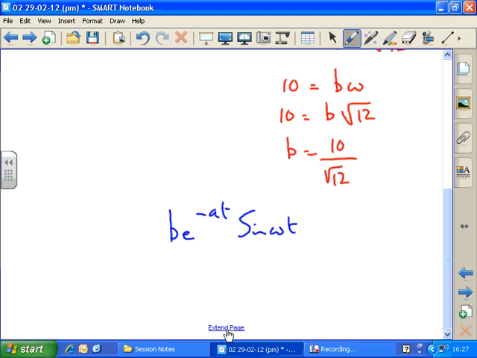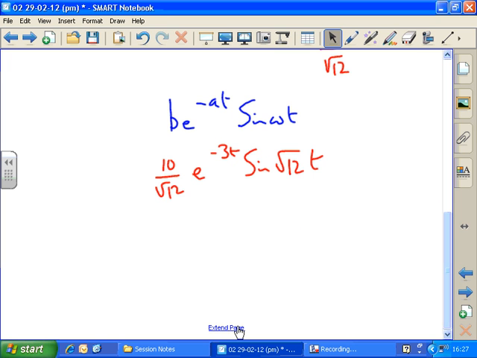B is 10 over root 12, e to the minus 3t, sine root 12 t. And you could put it into your software immediately like that. Leaving it in this form means, of course, this is an exact answer. As soon as you start putting in numbers, you're rounding it, aren't you?